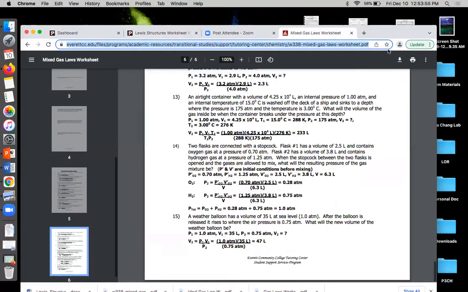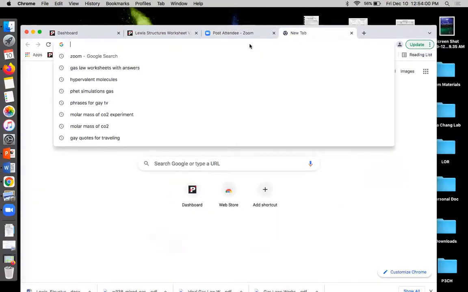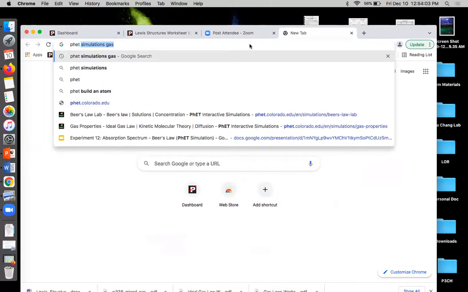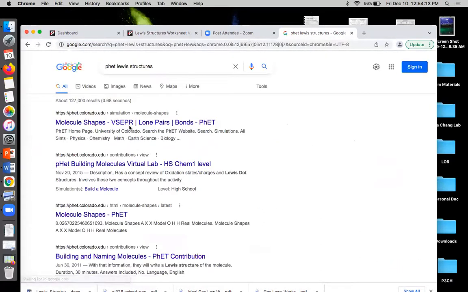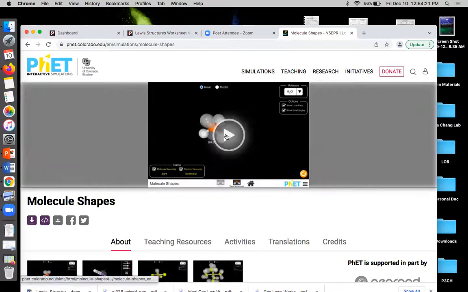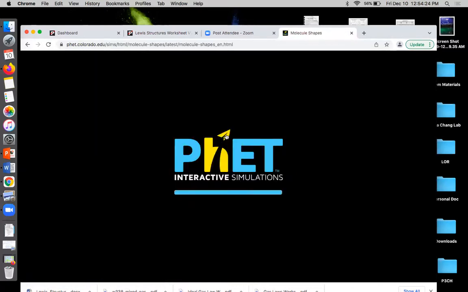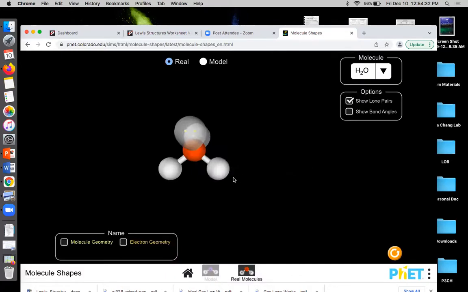If you guys were to just type in PHET, P-H-E-T, let's do Lewis structure. There is a molecular shapes simulation. And so you guys can do model or real molecules. I'm going to go ahead and choose real molecules.